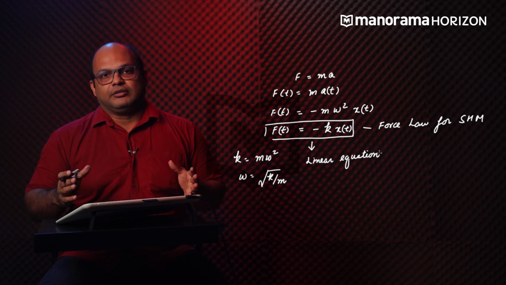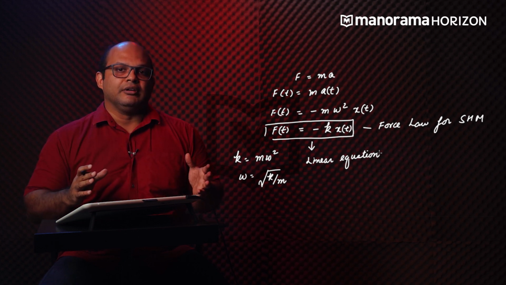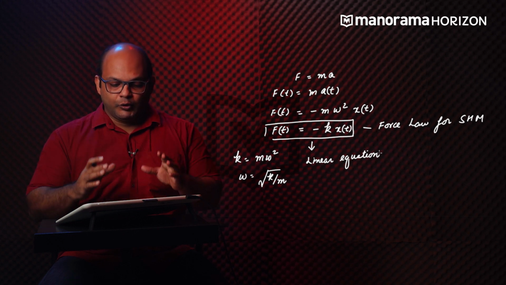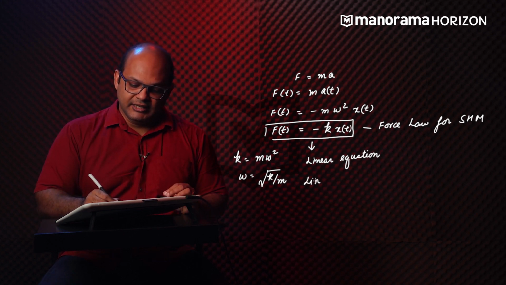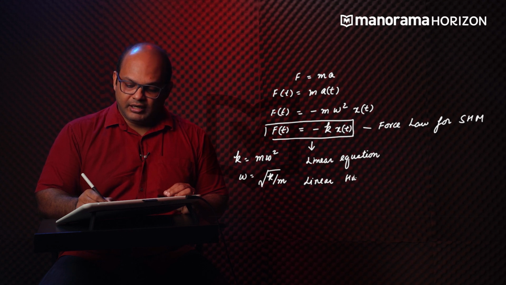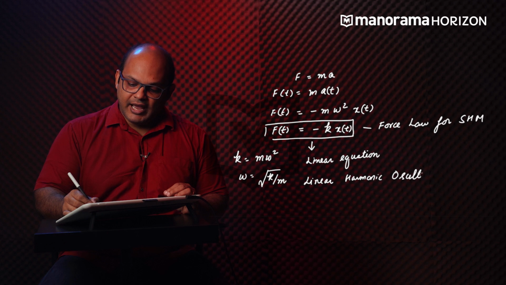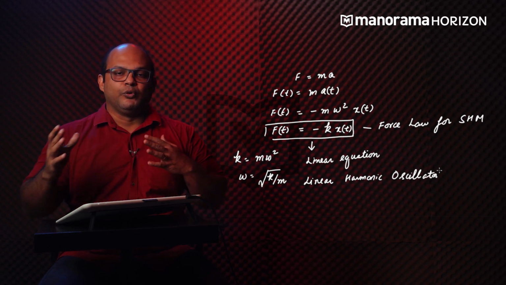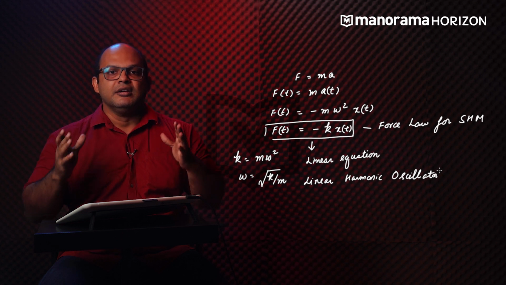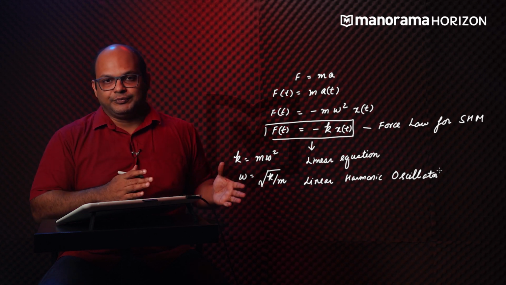So any system undergoing SHM which is following this force law has a special name. It is called a linear harmonic oscillator. And this is our starting point for analyzing how forces interact with an object during simple harmonic motion.